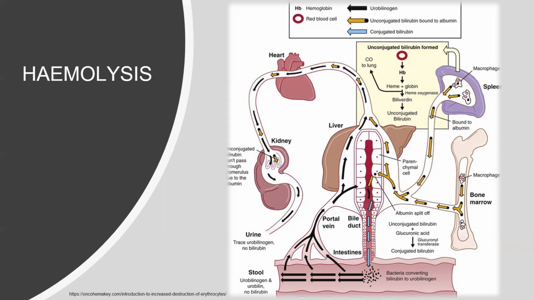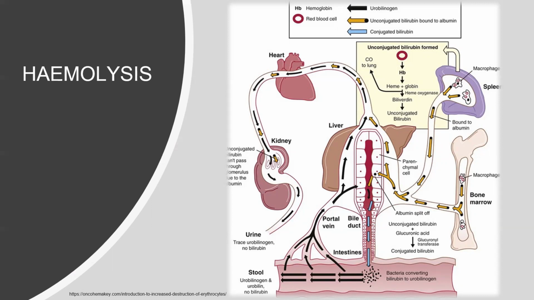bilirubin dissociates from the albumin and is joined with two molecules to form bilirubin diglucuronide. The two molecules are sugar acid molecules that make the molecule polar and water soluble.